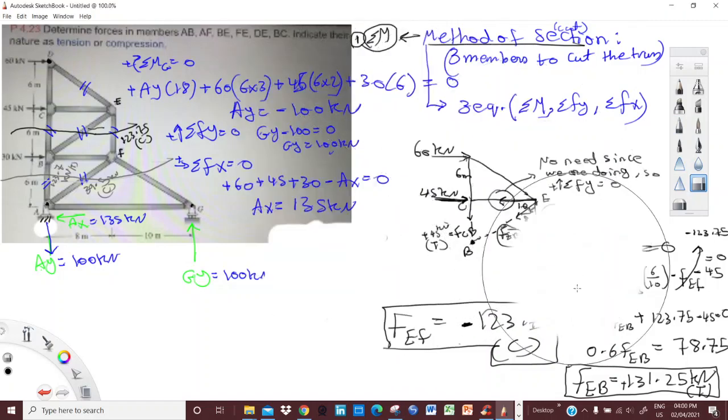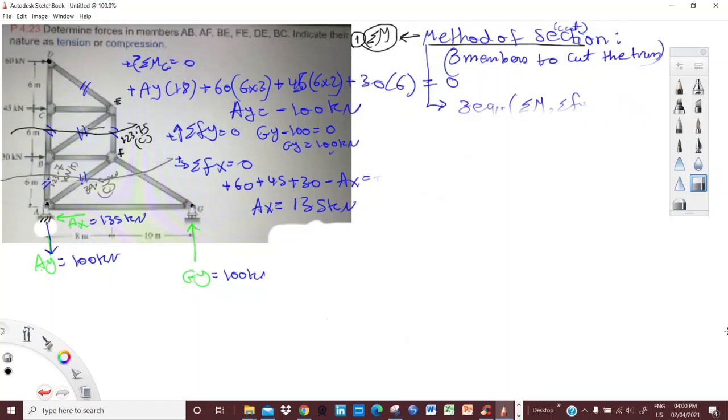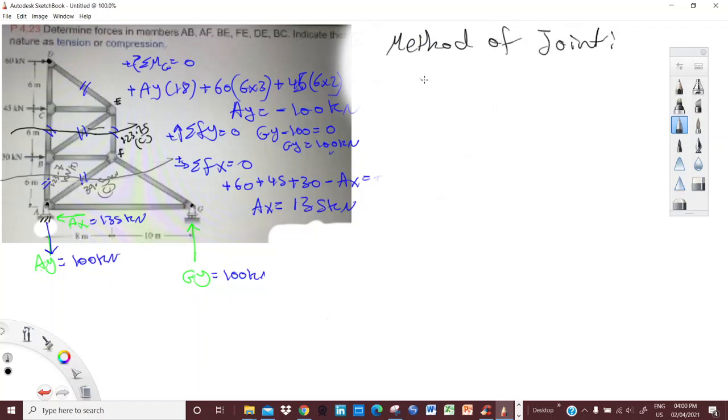Okay, let's finish everything. Right now, the method of joints. The method of joints can be solved with only two equations and two unknowns.